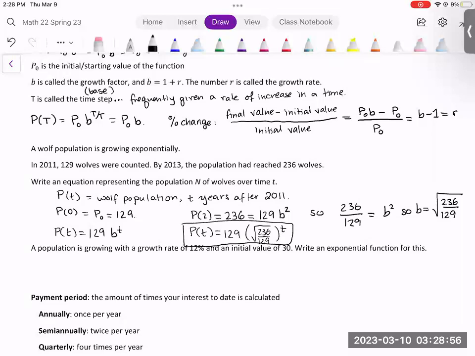Let's take a look at another example. Here, our population is growing with a growth rate of 12%, and we have an initial value of 30. We'd like to write an exponential function for this. So here our growth rate is 12%. So we are going to use that P of t is equal to P naught times 1 plus r to the t.